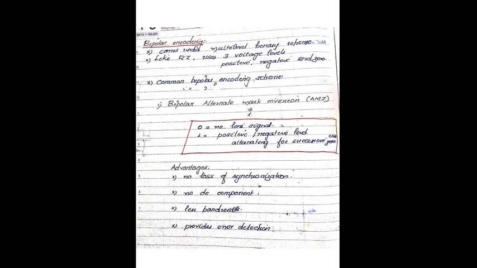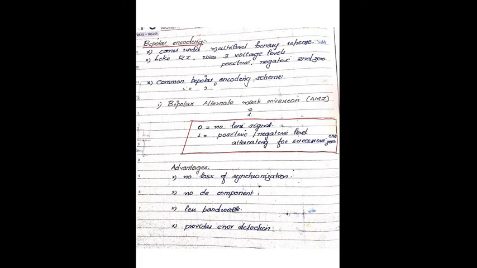There are two methods which come under bipolar encoding. The first one is bipolar alternate mark inversion, otherwise called the AMI technique, and the second one is pseudo ternary.